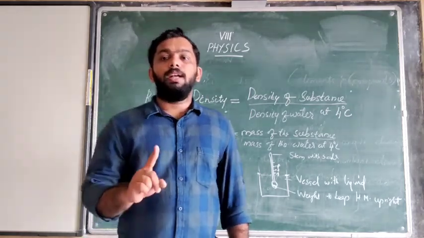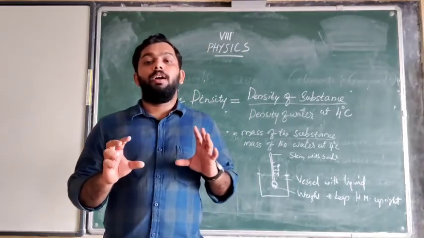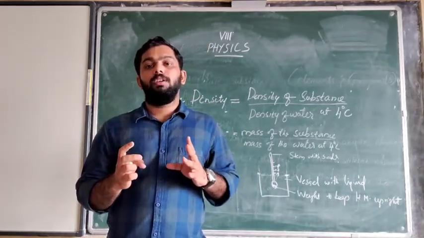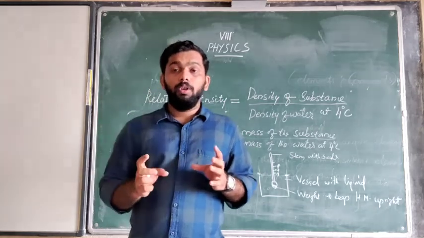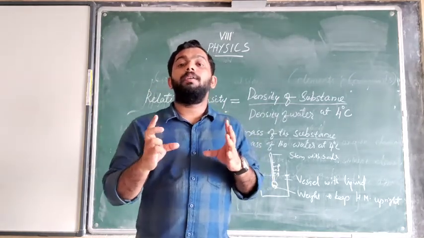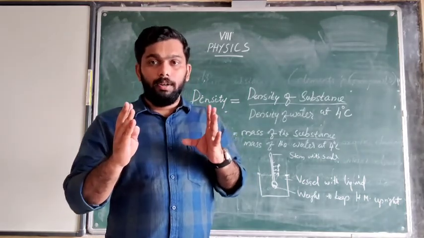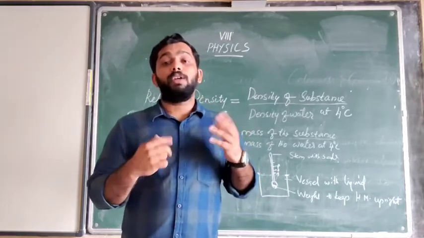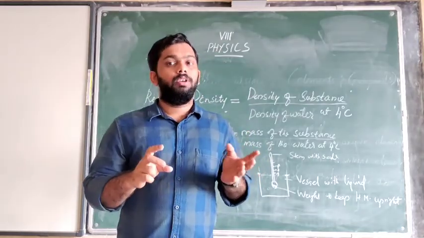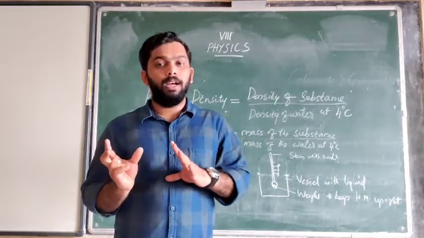So, in the first class, we have seen that density is the ratio of mass per unit volume. So, if you want to find out the density of a liquid, surely you should know the mass of the liquid and the volume of the liquid.